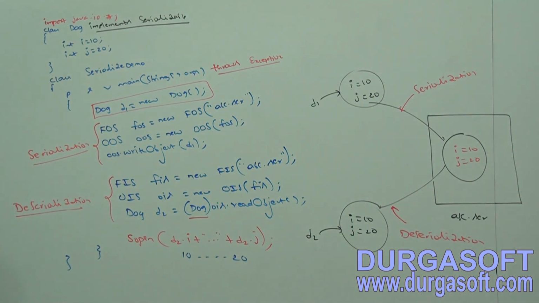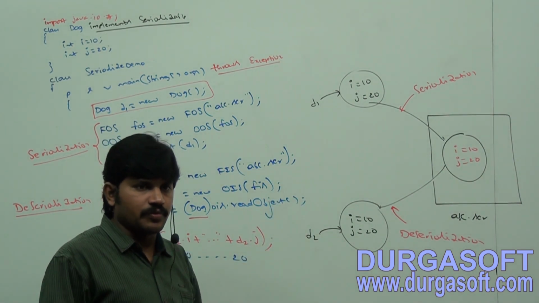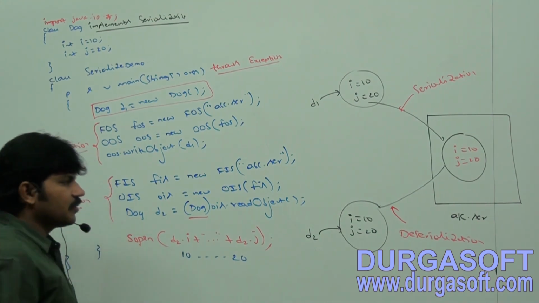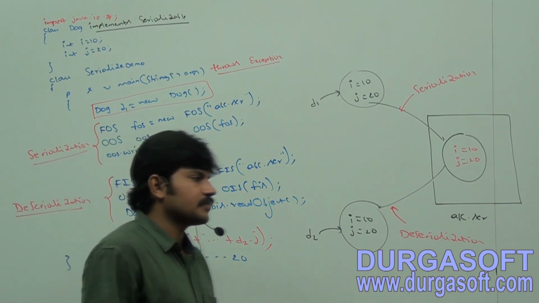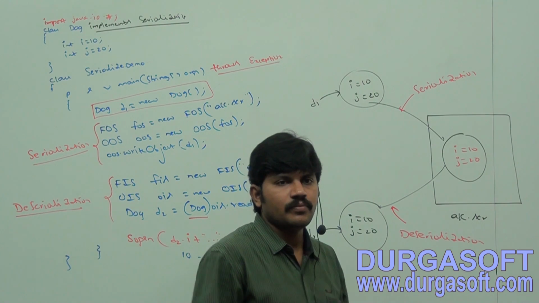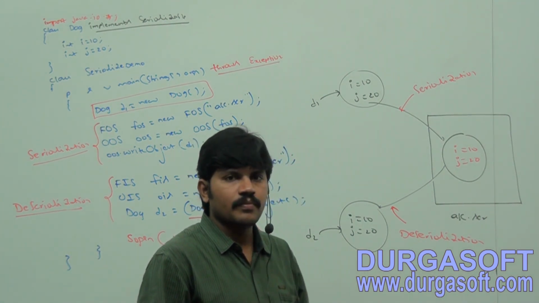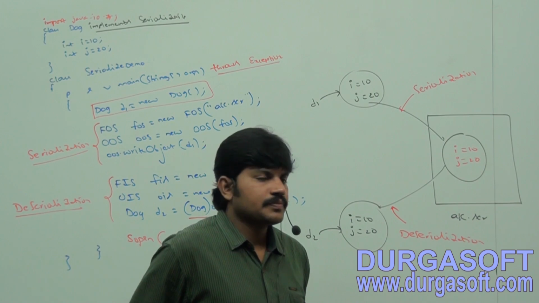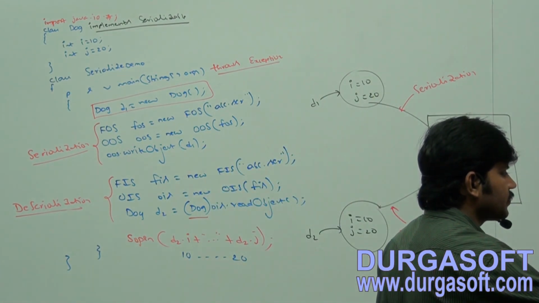Okay. That's all, not required to give much explanation about these words. Serialization, deserialization: FileOutputStream, ObjectOutputStream, oos.writeObject of d1.